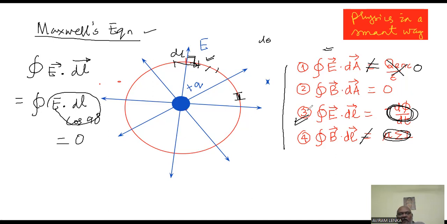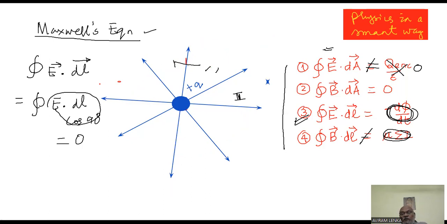But will it be valid if the path is not a circle? Let us go for those paths, and try to see whether that conclusion is universally correct or not.